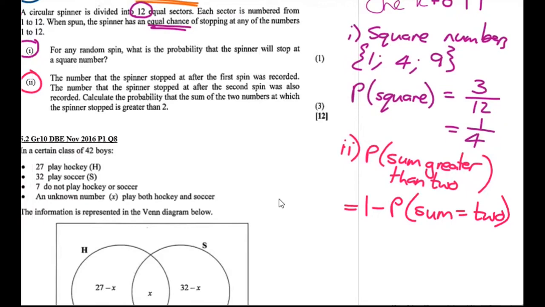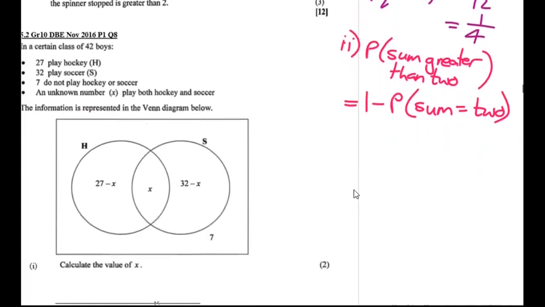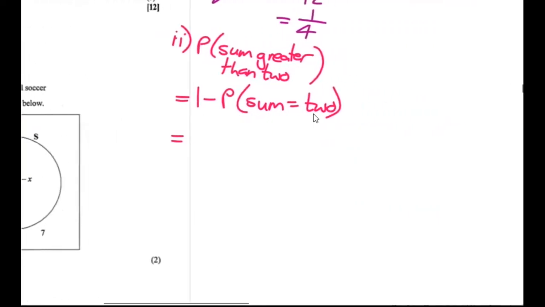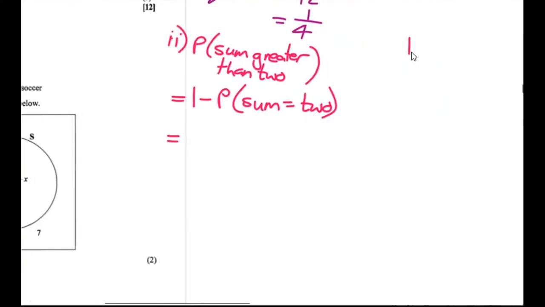How would we get the probability of the sum equal to 2? We would consider which 2 of the 12 numbers, which combinations of 2 of them, would sum to 2. And in this case, it's only 1 and 1.